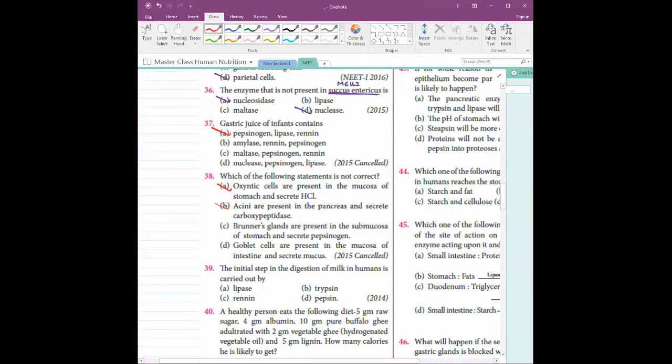Is this right? No, this is false. This is wrong. Goblet cells are present in the mucosa of intestines and secrete mucus. Is this right? Yes, this is also right. So guys, which is the right answer? The answer is going to be option C.